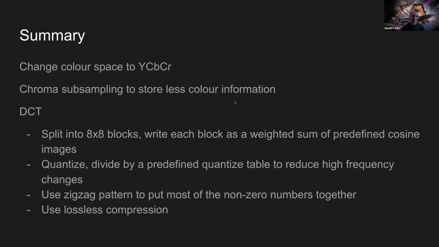All right, big breath. Summary. You change your color space to YCbCr. You do chroma subsampling on the chroma, Cb and Cr, to store less color information. And then you do the DCT. You split it into 8 by 8 blocks. You write each block as a weighted sum of the predefined cosine images.